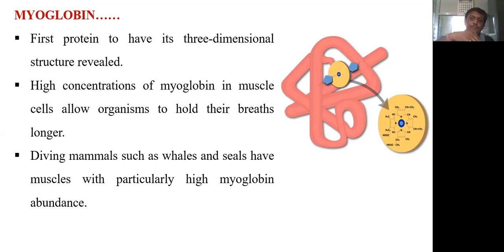So diving mammals like whales and seals can remain underwater for longer due to this ability, having myoglobin in their muscle, which can hold the oxygen, and that oxygen can be used for various metabolic activities. Hence they can hold their breath and remain underwater for longer. So this is about myoglobin.